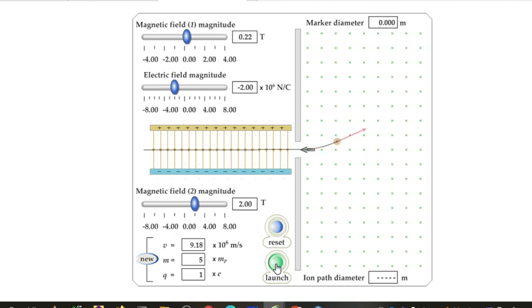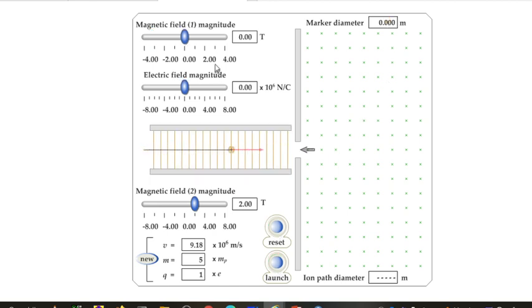But when it reaches this region of the magnetic field, it will make a semicircle. I can also vary the magnetic field. When I vary the magnetic field to out of the board, I can reset and then launch the particle and see what happens.